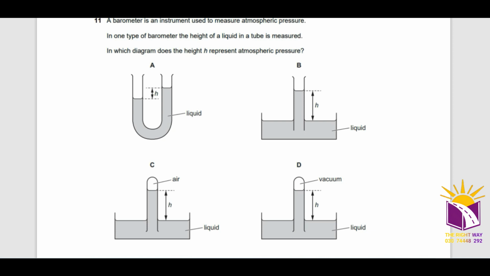Question number 11. A barometer is an instrument used to measure atmospheric pressure. In one type of barometer, the height of a liquid in a tube is measured. In which diagram does the height h represent atmospheric pressure?